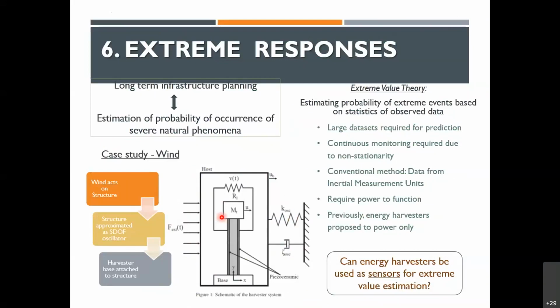Here, what we happen to show is interesting. In a lot of cases, when we design a structure, we design it against a return period of a certain natural hazard. It can be an earthquake, it can be wind, it can be waves. Those are based on the histograms and the response histograms of the structures because of the excitation of the hazard.